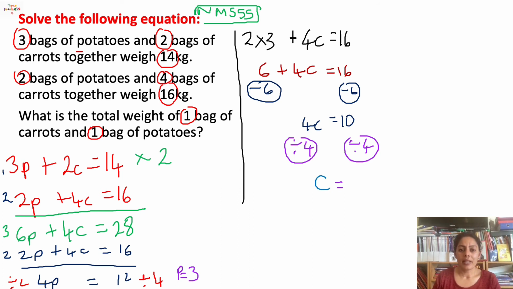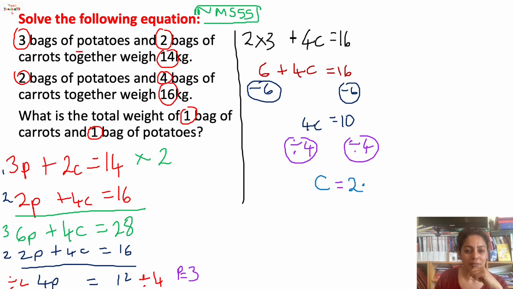So I'm going to do, how many 4s are there in 10? There are 2 definite 4s. All right, and it's going to give me a decimal point number. And then I've got 2 left over. So if you were to do your working out, 2 left over will give me 5.